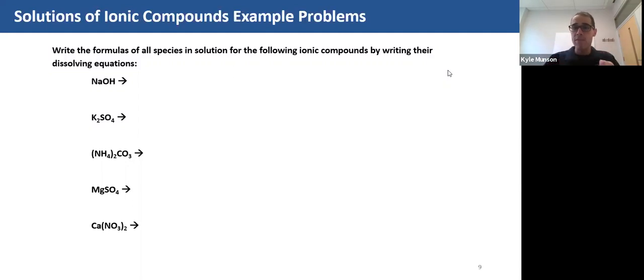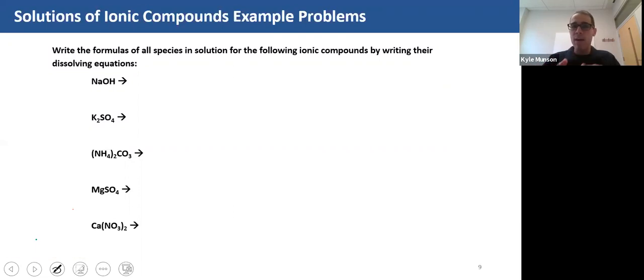It would be a good idea for you to have those ion charts in front of you for polyatomic ions and monatomic ions so that you can use them as a reference. I think that would be really helpful. The last thing I'll say is that all of these contain water in the solution, and water's implied. So you can include water in the chemical equation, or you can leave it out.